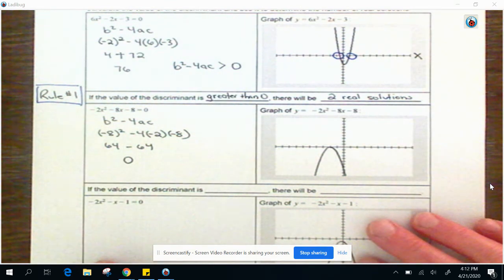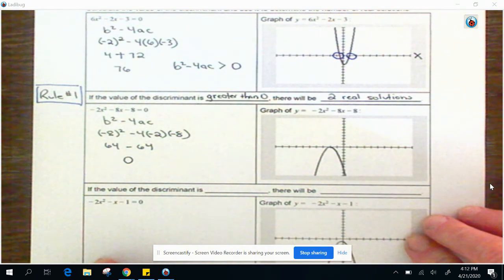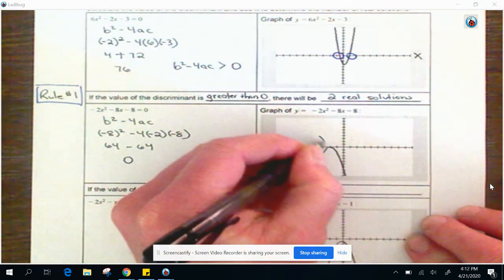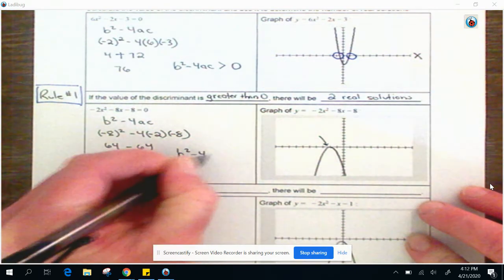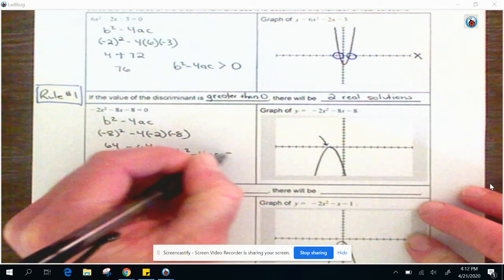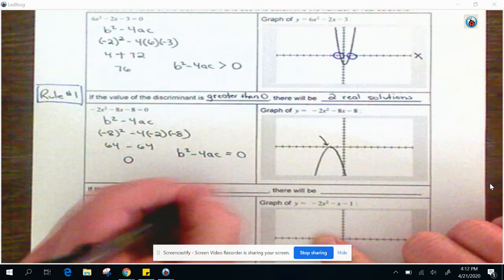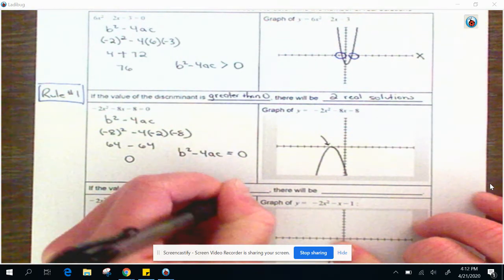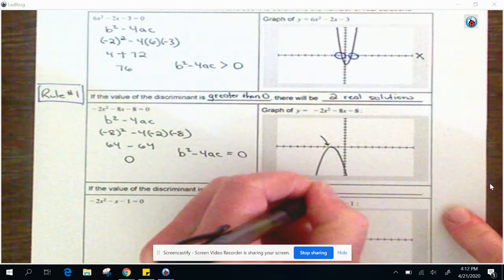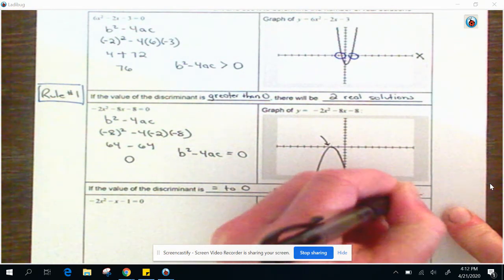Okay. Now notice, if you look at the picture here, how many roots do we have? We just have this one, right? 1 root. So if b squared minus 4ac is equal to 0, if the value of the discriminant is equal to 0, there will be 1 real solution.